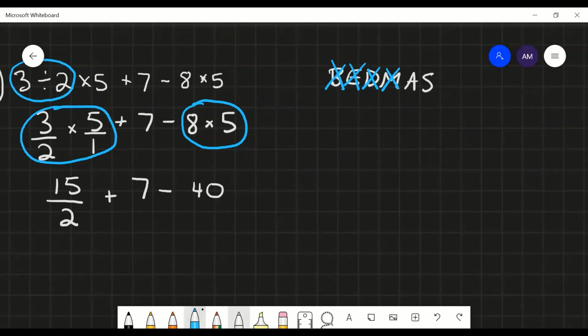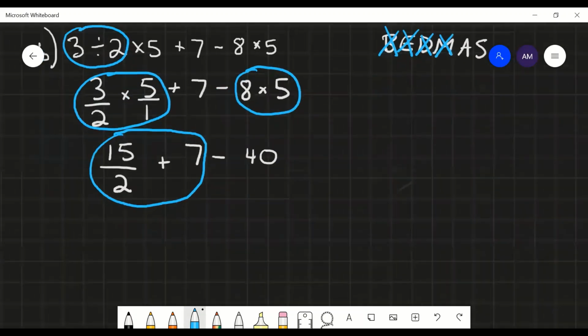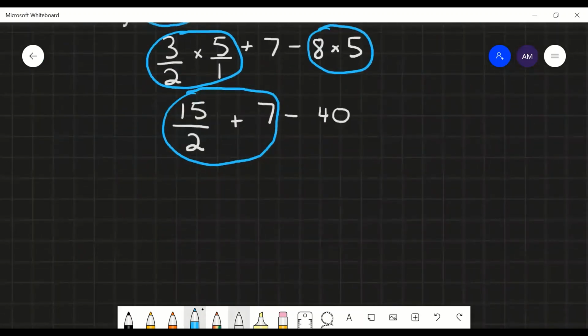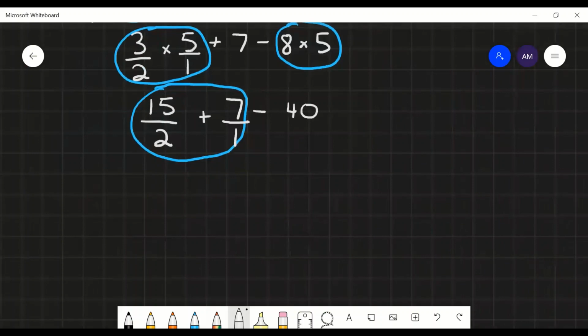On to the additions. So I see one addition right here. Addition meaning a plus. Now, in order to do this addition, we have to change the 7 into a fraction. We also have to get a common denominator, which means we have to multiply the 1 times 2 and the 7 times 2. So in the next step, we'll have 15 over 2 plus, well, what's 7 times 2?